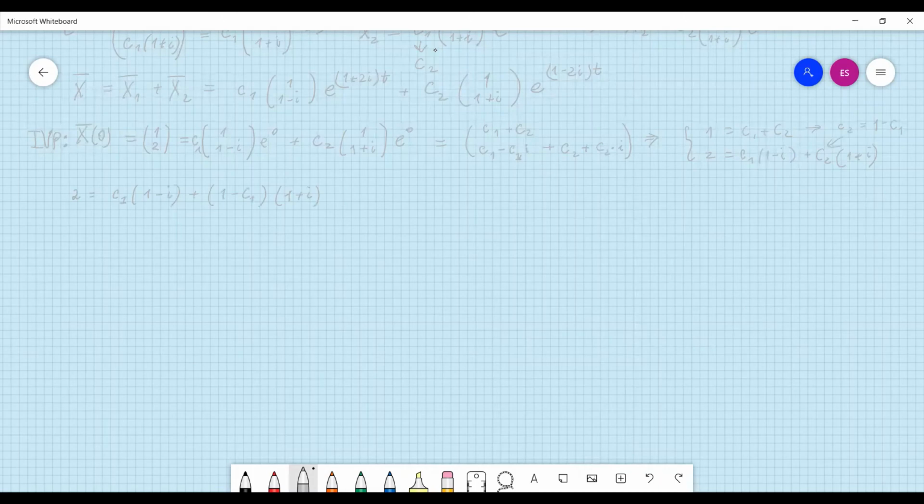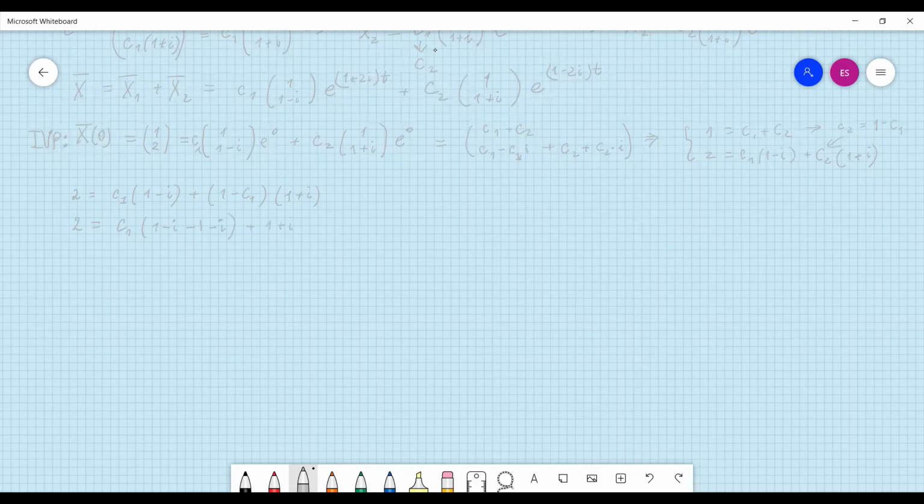I'm going to isolate it and solve for it, find out what C1 is, and then find back what C2 is. So 2 equals C1 (1 minus i), and over here, if I take C1 outside of parentheses, I'm going to have minus (1 plus i), because it had minus, and plus (1 plus i).